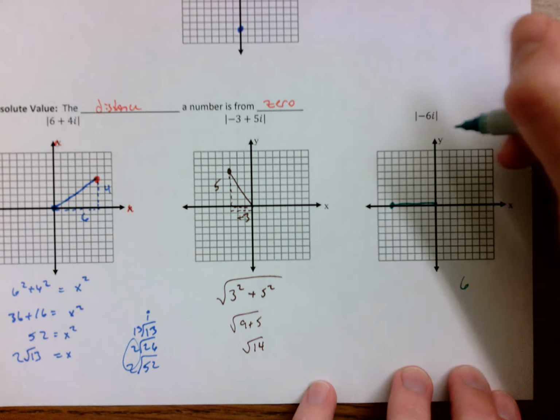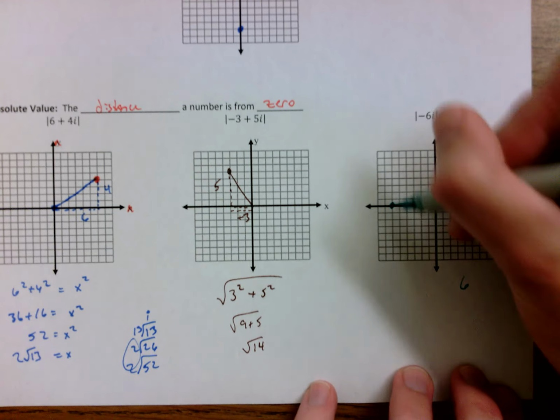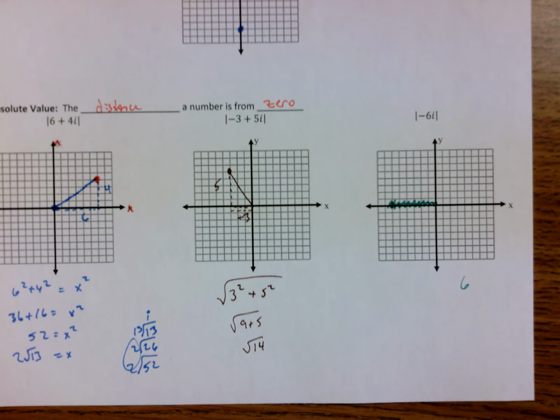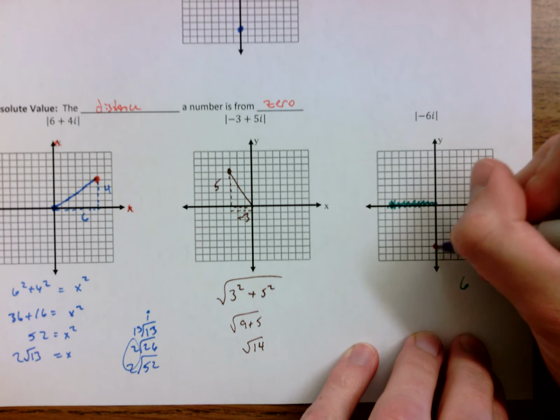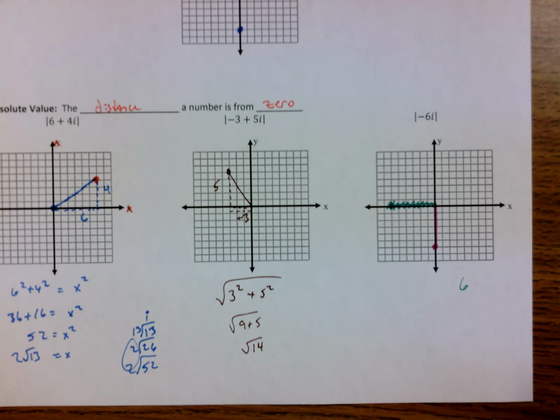Where I'm looking at this and I'm saying, well, if you think of it as a coordinate, oh, I plotted the wrong point. Oh man, if only you guys were here in my class, you would have yelled at me. That's not where -6i is. That's where -6 is. My bad. -6i is down here. But distance is the same, right? That's still 6 spaces.